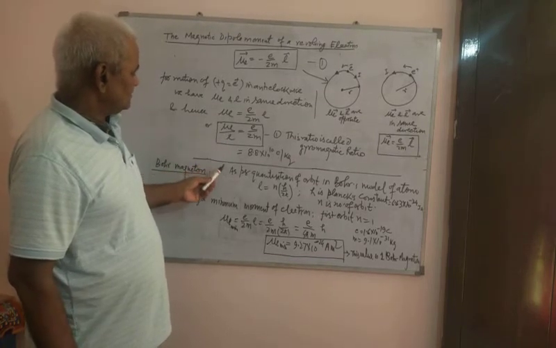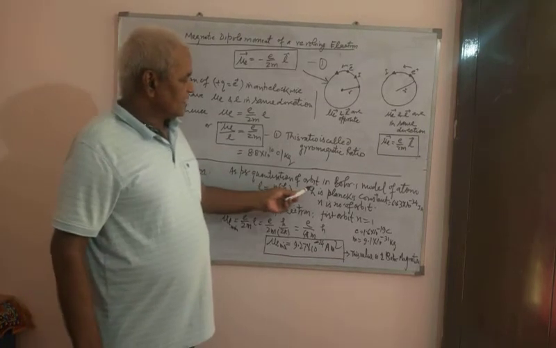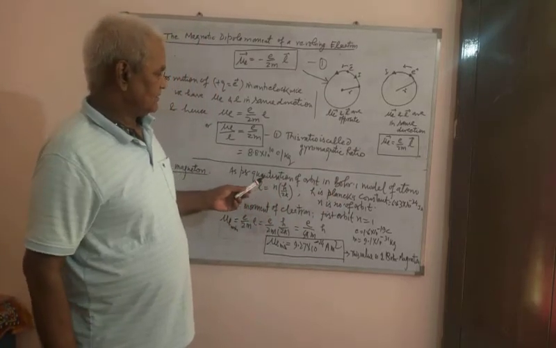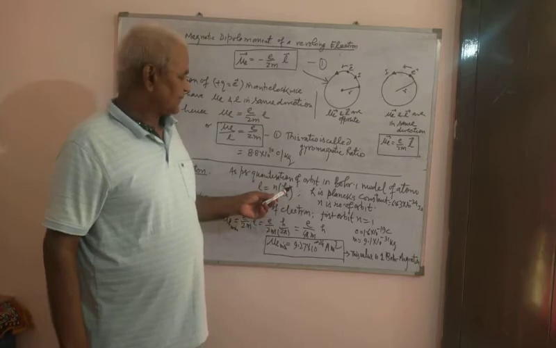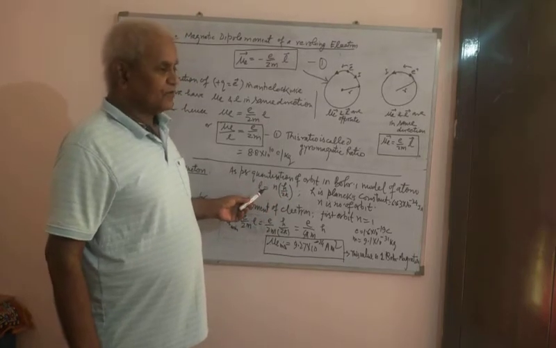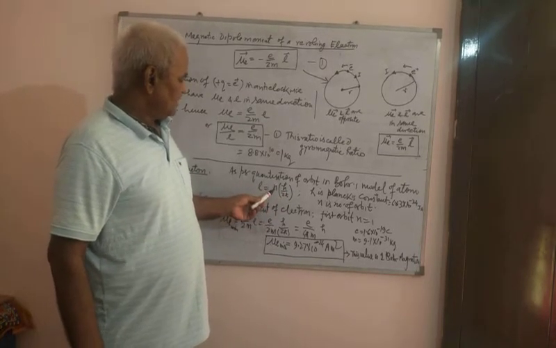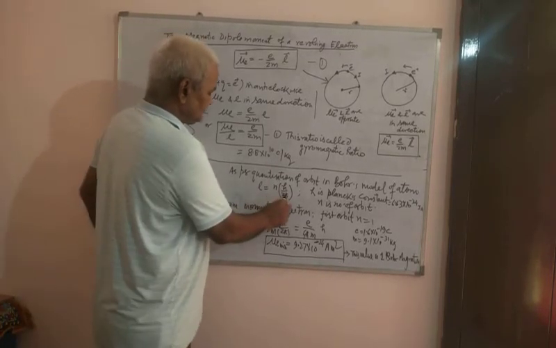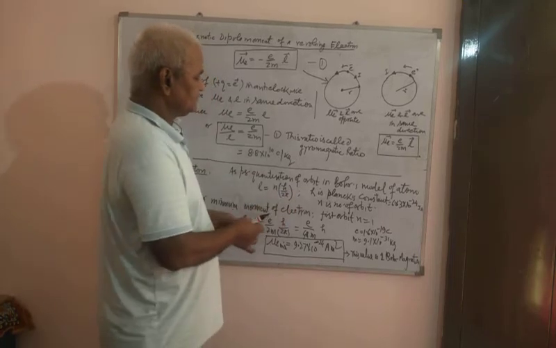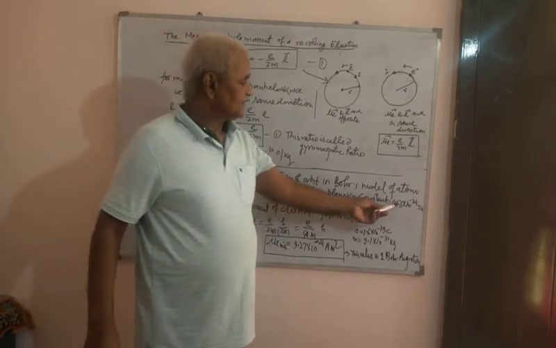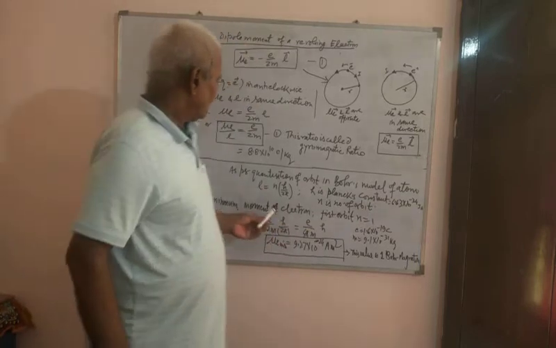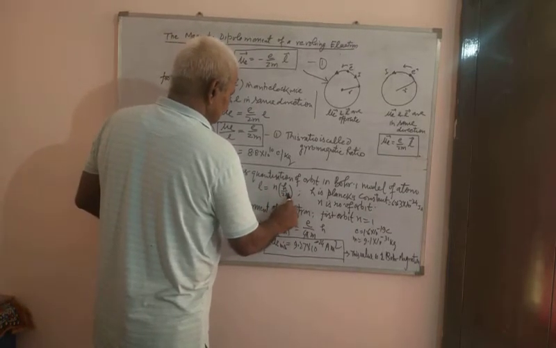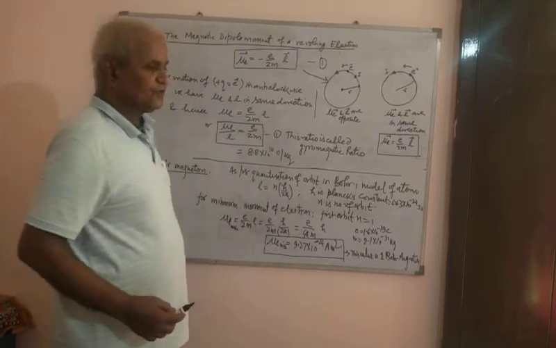Now, as per the quantization condition of the Bohr model of an atom, which we will study in chapter 12 in atomic physics, the angular momentum of the electron is a whole number multiple of h upon 2 pi, where h is Planck's constant. Its value is 6.63 into 10 to the power minus 34 joule second, and pi is merely a number. So L is n h upon 2 pi.